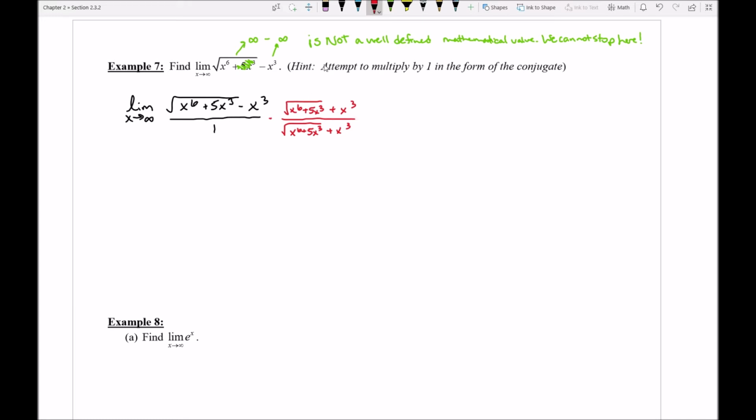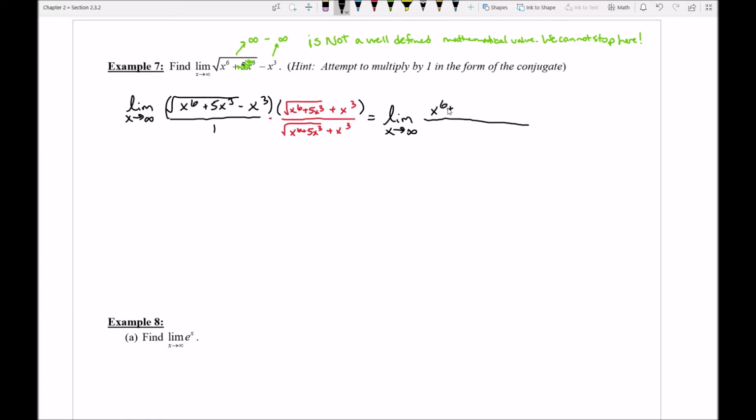So when I go ahead and multiply these together, I can use this conjugate to make the numerator simplify really, really nicely. Remember that what I really have is something that looks like a difference of squares that's been factored. And so when I multiply it back out, I can just take the first item squared minus the second item squared.